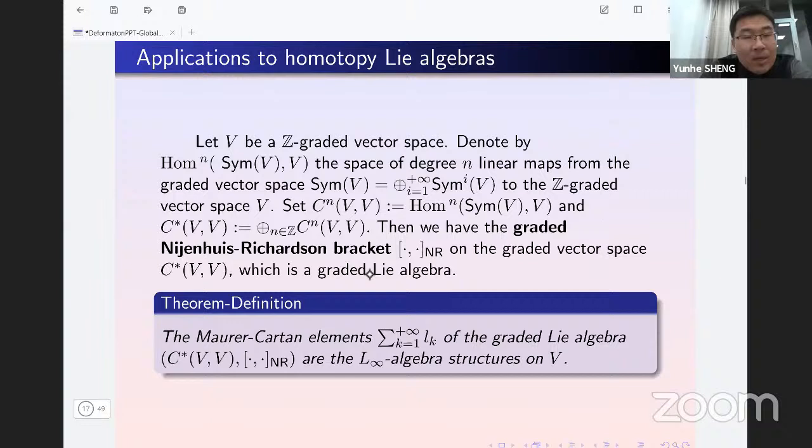And finally, we can use the controlling algebra to study homotopy Lie algebras, namely L infinity algebras. So now we replace a vector space V by a graded vector space.